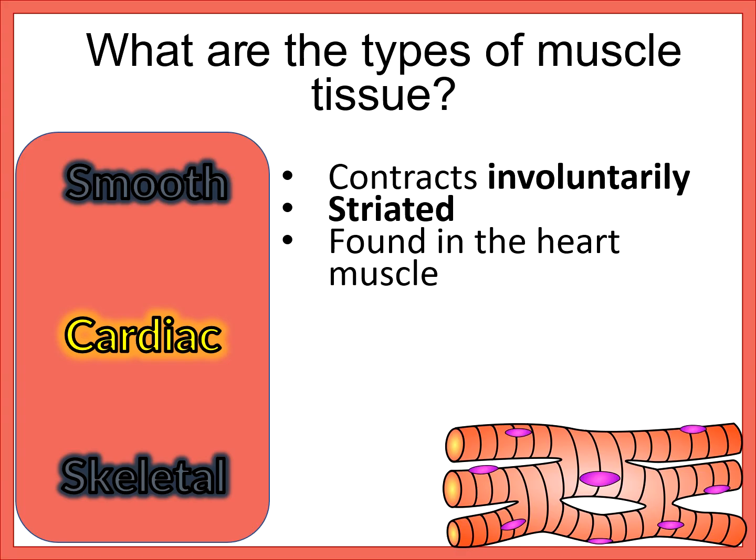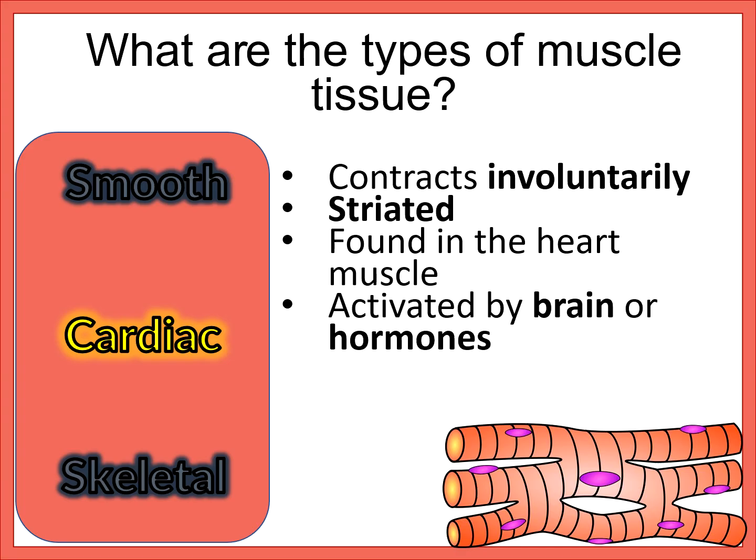It is under involuntary control, even though there are influences that can increase the speed of contraction or how hard the muscle contracts. We can also use things like meditation and other methods to influence the heart contracting, but whether it initiates that contraction or not is not controlled by us.